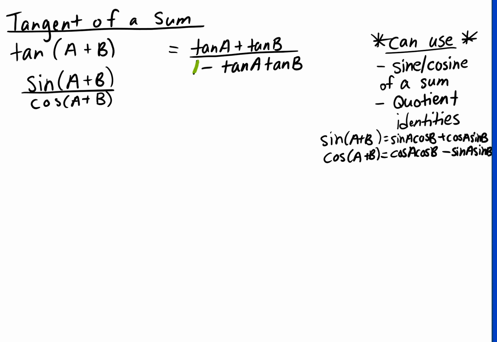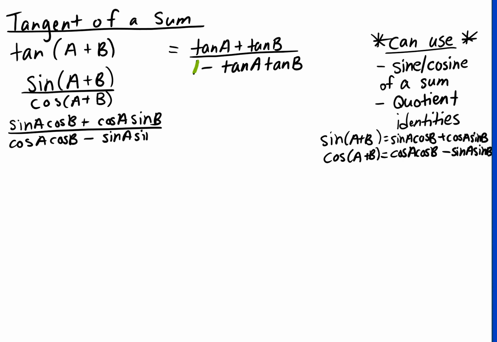So cosine and cosine are grouped together, sine and sine are grouped together, but the sign in the middle is opposite. So we'll expand these out: sine A, cosine B, plus cosine A, sine B, all over cosine A, cosine B, minus, opposite sign, sine A, sine B.